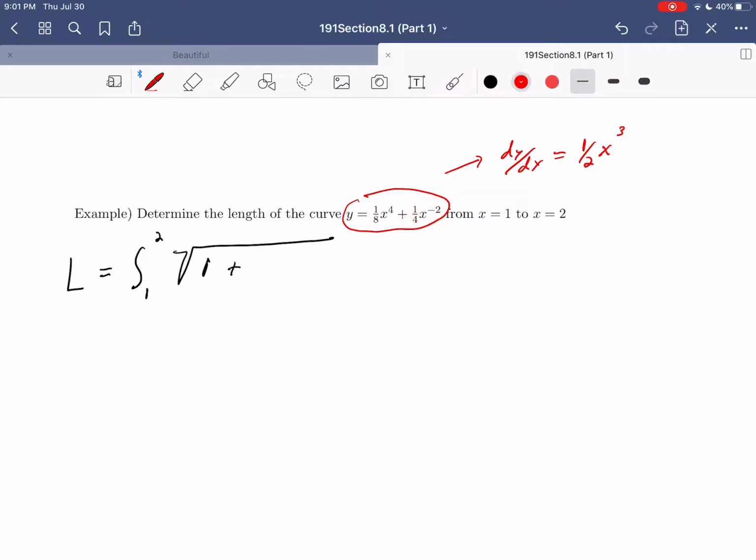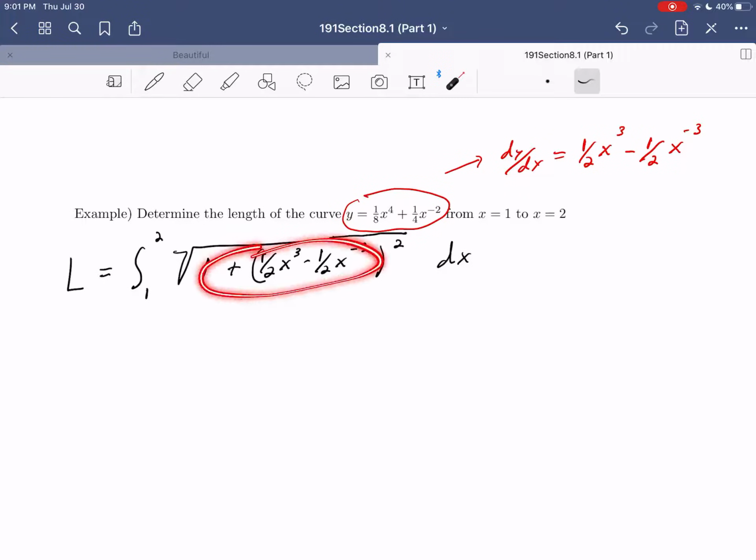Drop the negative 2 down, looks like we should have minus 1/2 x to the minus 3. All right, we'll throw that stuff in. So we have 1/2 x cubed minus 1/2 x to the minus 3, all of that squared. Got to remember you need to square the derivative, and then dx out here.